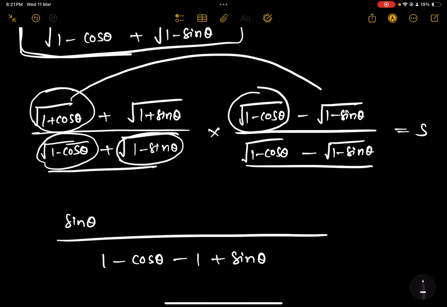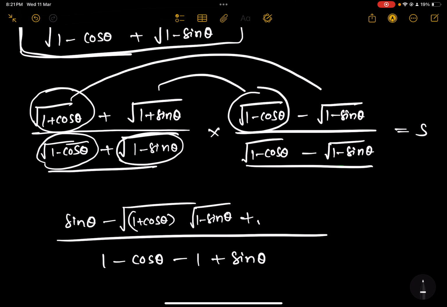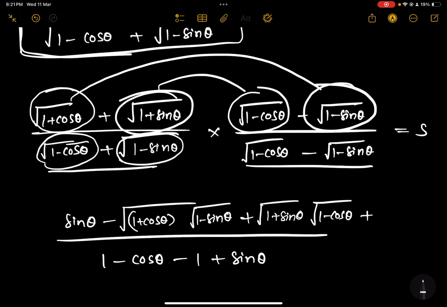Similarly, when you multiply these two, you get minus root of 1 plus cos theta times root of 1 minus sin theta. When you multiply these two, you get root of 1 plus sin theta multiplied by root of 1 minus cos theta. But when you multiply this term and this term, you will get root of 1 minus sin square theta, which is simply cos theta. This will actually be minus cos theta.